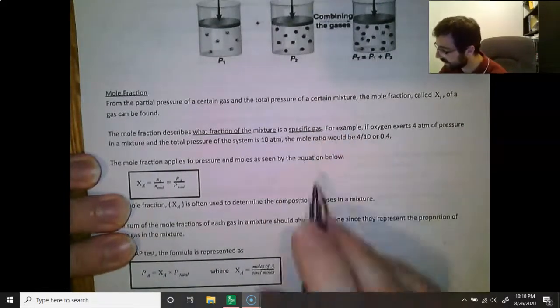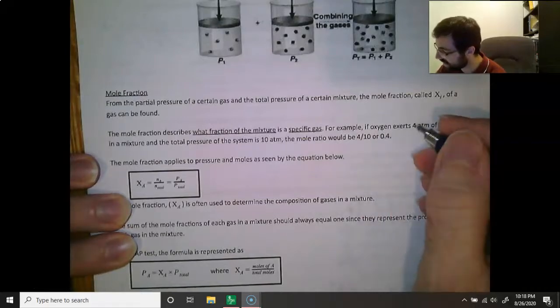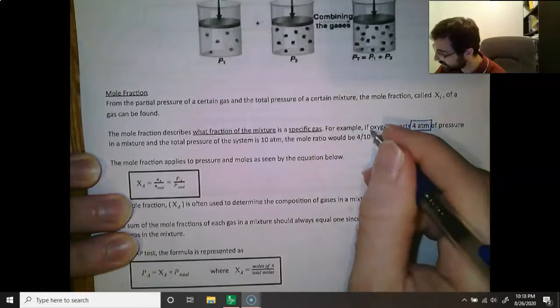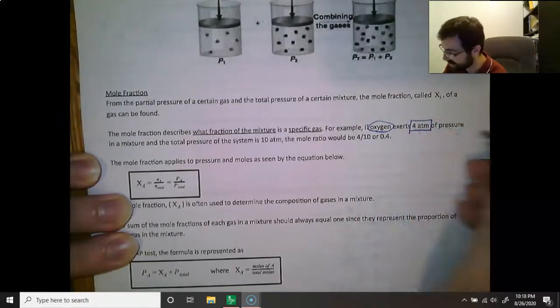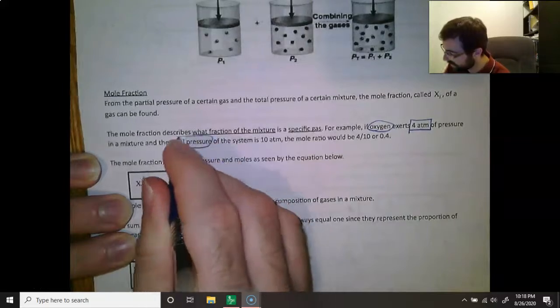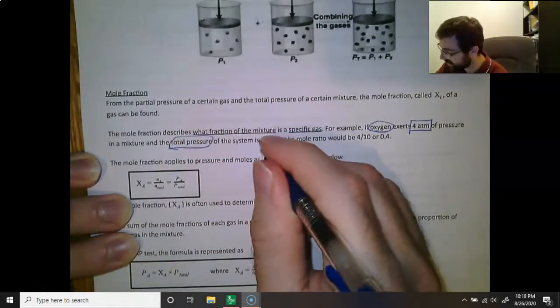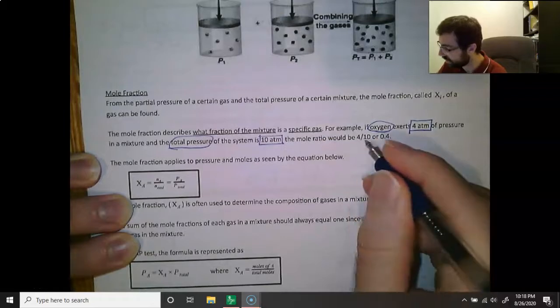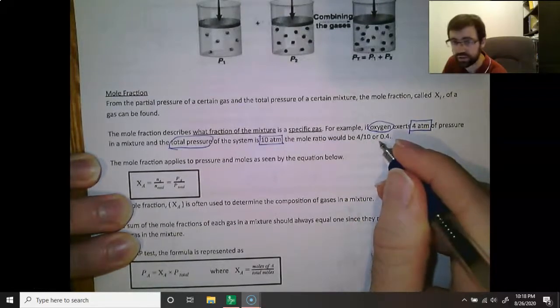For example, if oxygen exerts 4 atmospheres of pressure in a mixture, and the total pressure of the system is 10 atmospheres, then the mole fraction would be 4 over 10, which comes to 0.4.